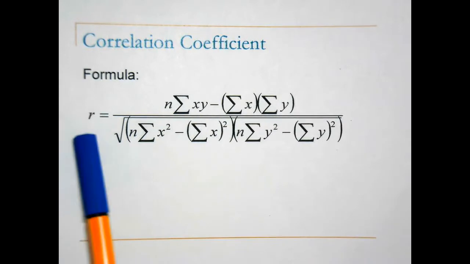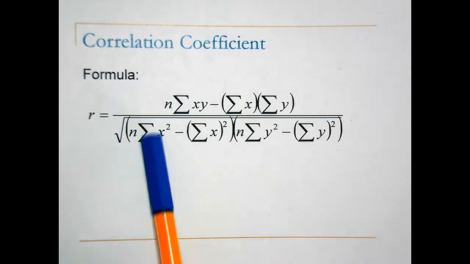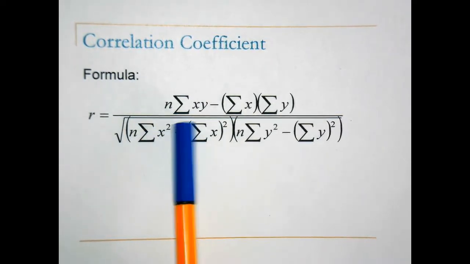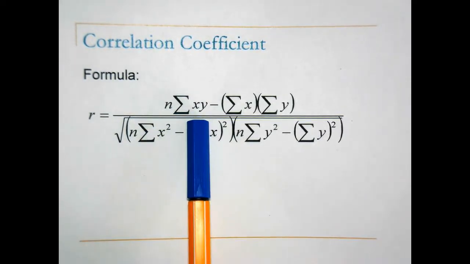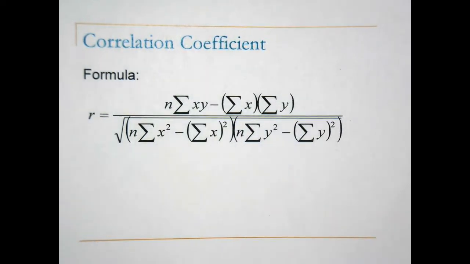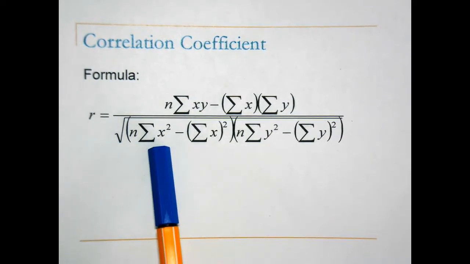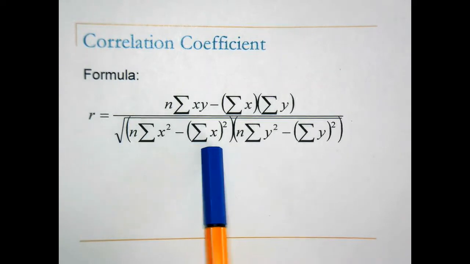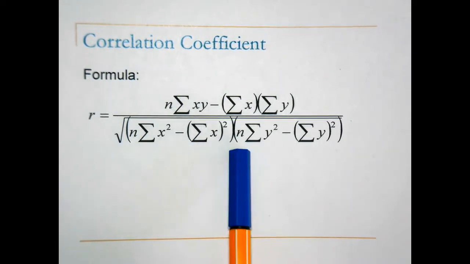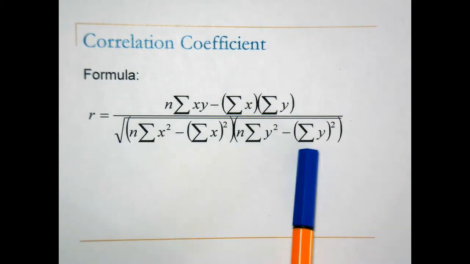So in order to find R, N is the number of points that we have. It has to be multiplied by the sum of X times Y, and then subtracted the sum of X times the sum of Y. Then we have to find the square root of N times the sum of X squared minus the sum of X, squared, times N times the sum of Y squared minus the sum of Y, squared.